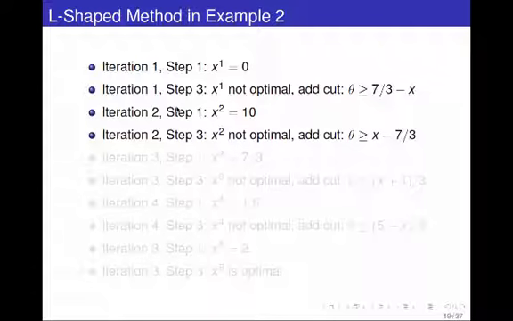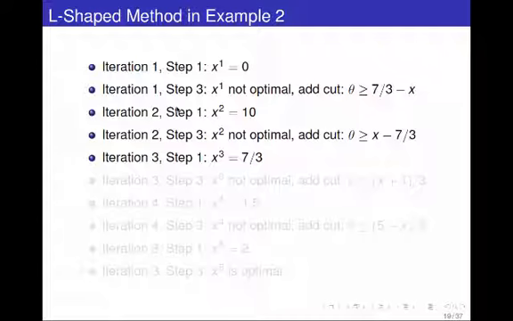Okay, second trial decision. X2 is 10. I want to say that this cannot be.